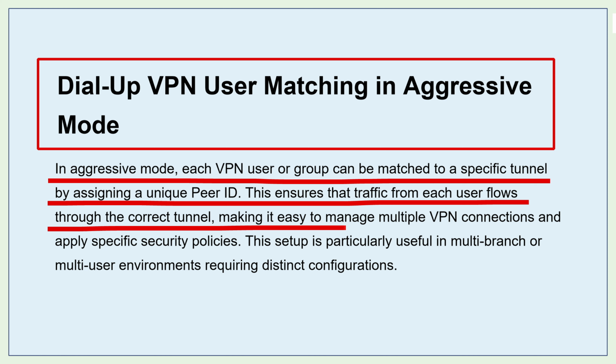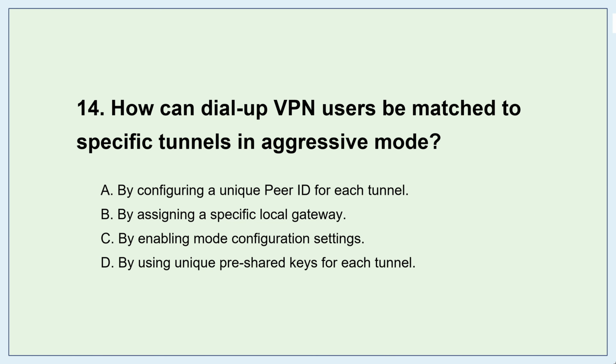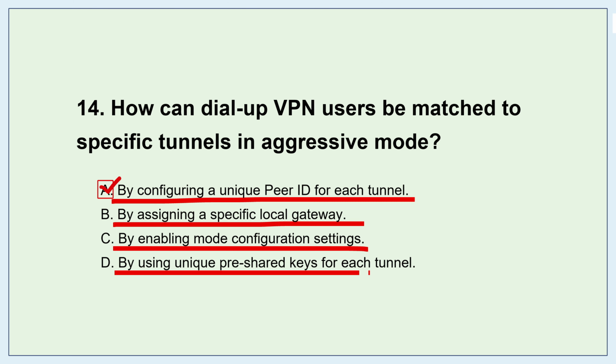This setup is great for managing multiple VPN connections, especially in large or multi-branch setups. Correct. Peer IDs ensure that users connect to specific tunnels. Incorrect. These options are unrelated to aggressive mode matching.